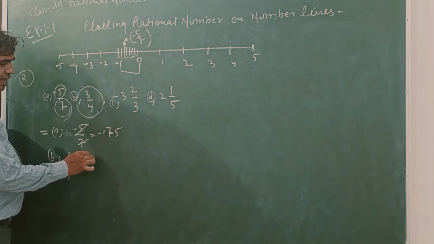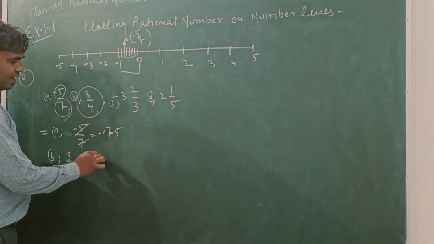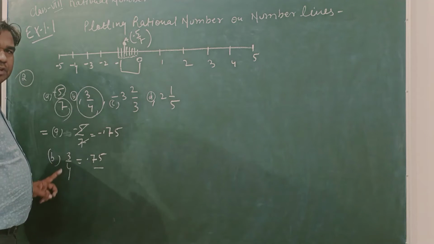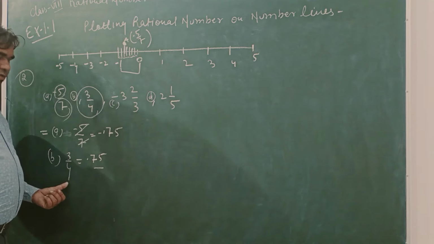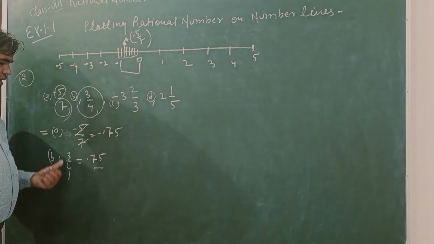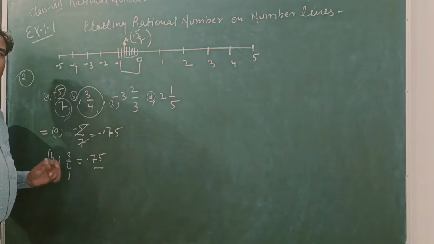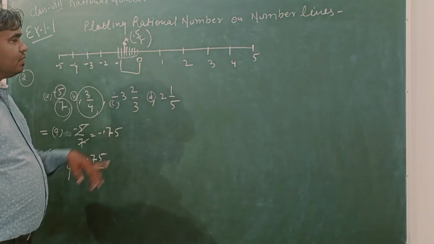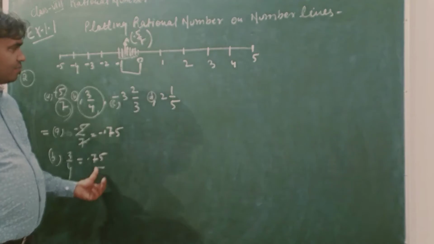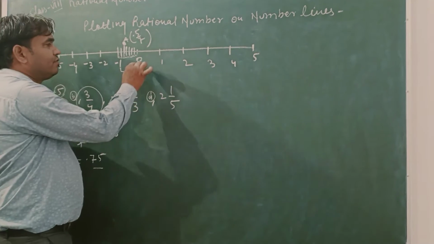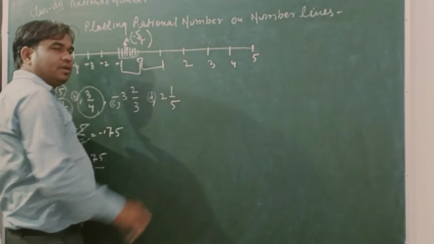It means we find 0.75 by dividing 3 by 4. So after that, decimal 0.75 is positive and this falls between 0 and 1.